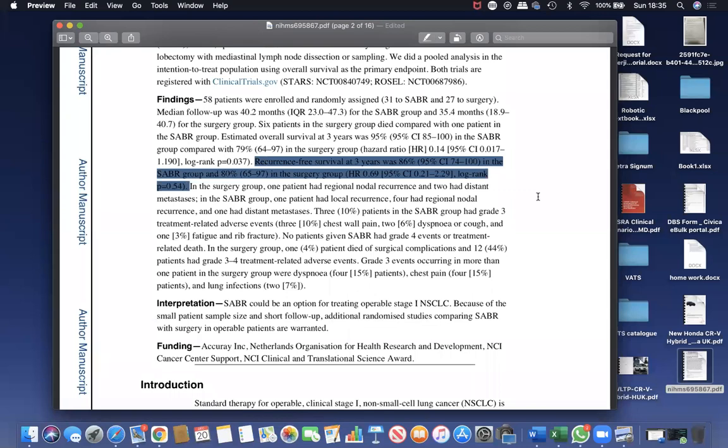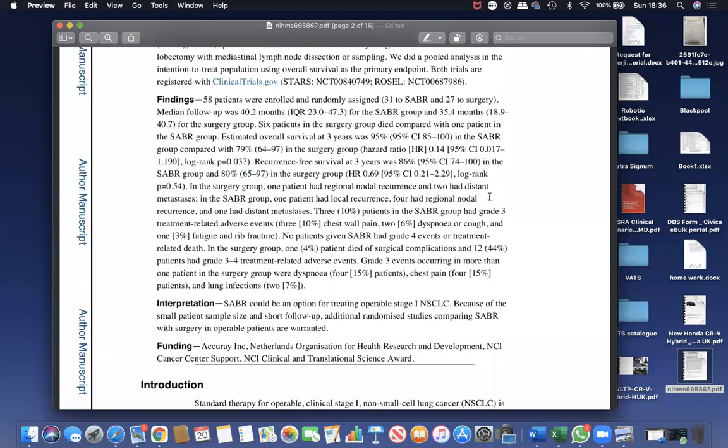Recurrence-free survival at 3 years was 86% in the SABR group and 80% in the surgery group. The p-value is not significant, sir. Okay, come back to this one.